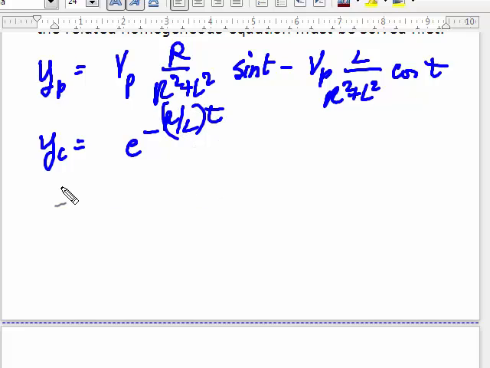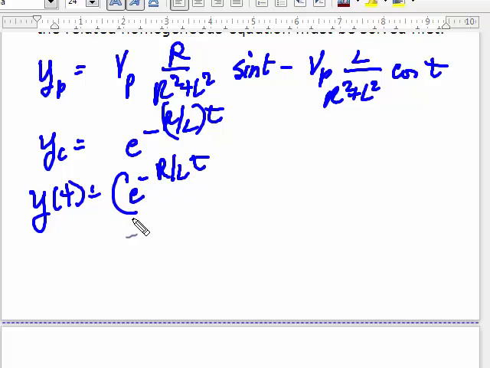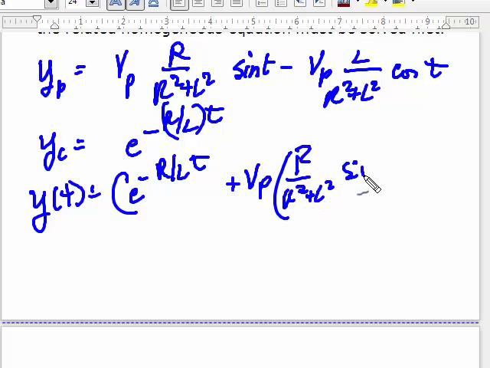And now we put all this together. I of t equals, you can multiply this complementary solution by any value, so I'll multiply it by c. C e to the minus R over L t, and I'm going to do something with c in a minute, and then I could take this out, and I've got R over R squared plus L squared sine t minus L over R squared plus L squared times the cosine of t.